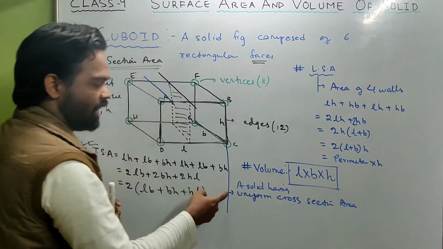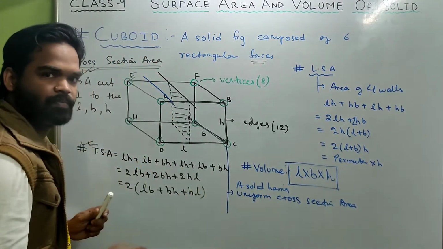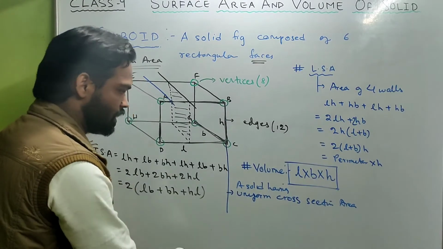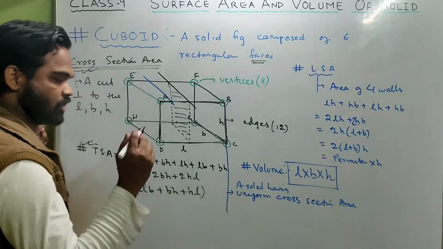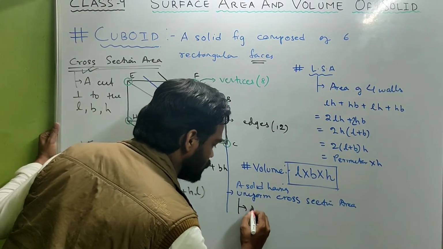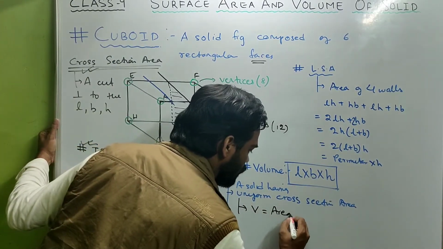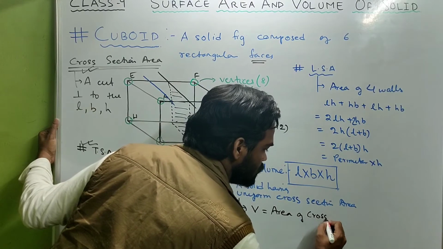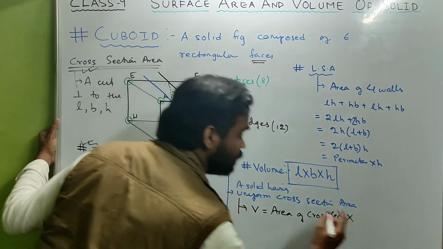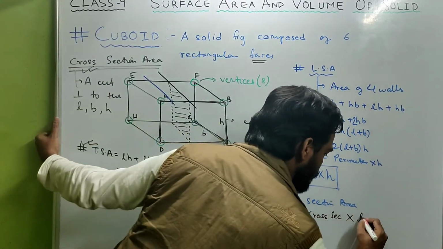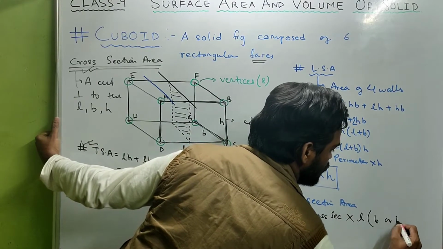So this figure has a uniform cross section area, and for any solid figure which has a uniform cross section area, volume is given by area of cross section multiplied by length, breadth or height.